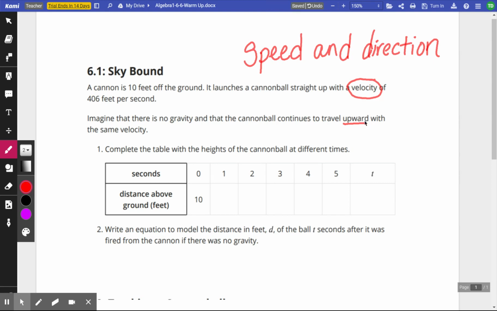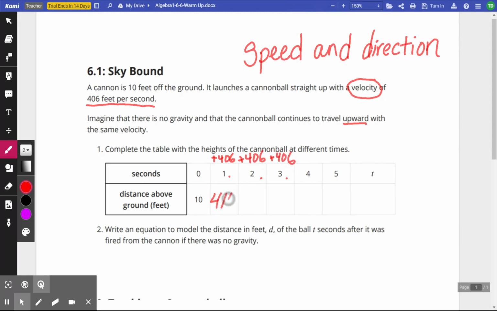Well, if it's telling me that it starts at 10, I agree that 10 should be where it's 0 seconds. And it goes up 406 feet per second. Well, these are the seconds. So I know that this is going to be plus 406, plus 406, plus 406, so on and so forth, because it's telling me that's how much it's going up per second.